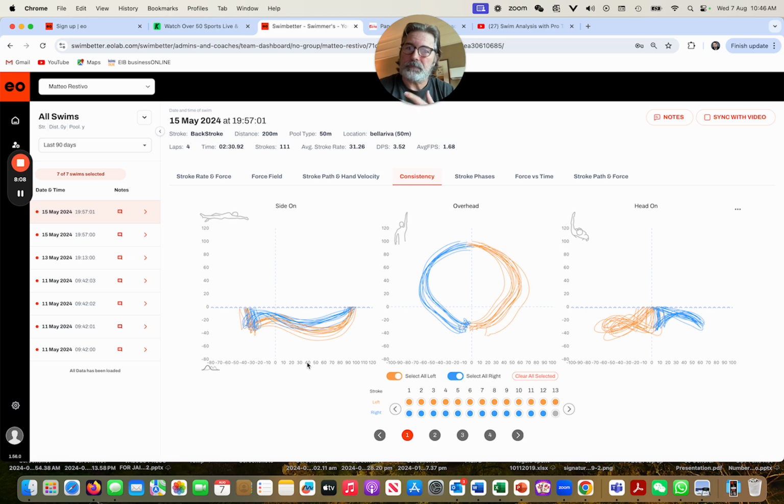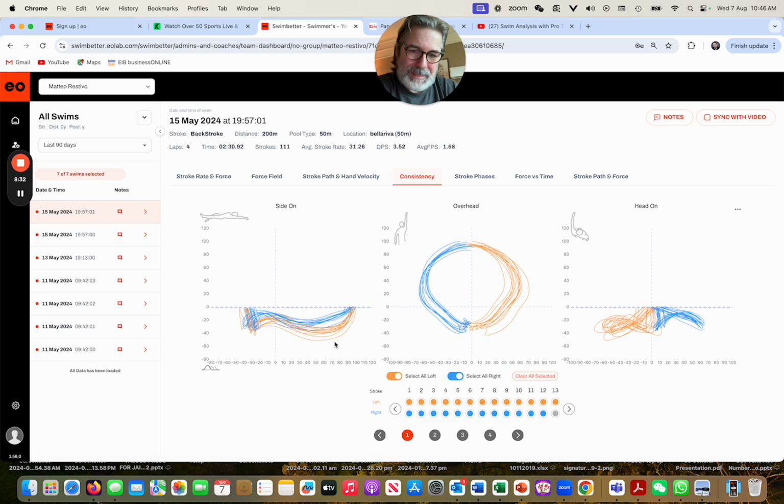And my gut feeling is that this dip would probably account for a big chunk of Matteo's downward force on his left, which is robbing his propulsion. But it's too early to call that. We need to step through another couple of charts before we can really understand what's going on.